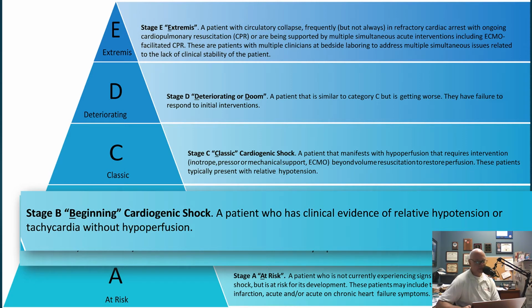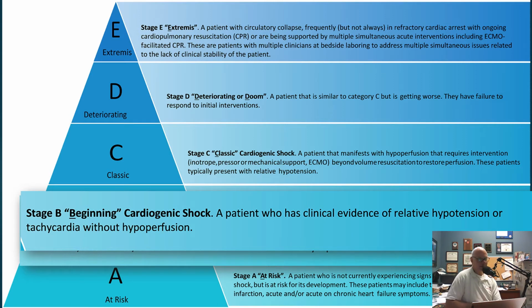So at the beginning of cardiogenic shock, the patient has some clinical evidence of relative hypotension. Very often patients will have a norm of 138 over 92 or 98 or whatever it would be, and now their blood pressure is just lower than that.